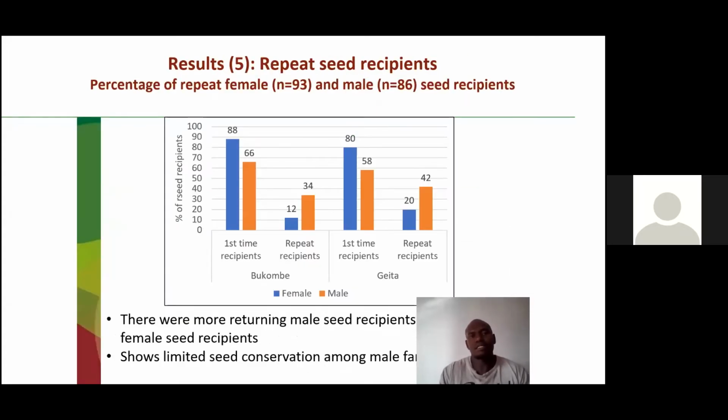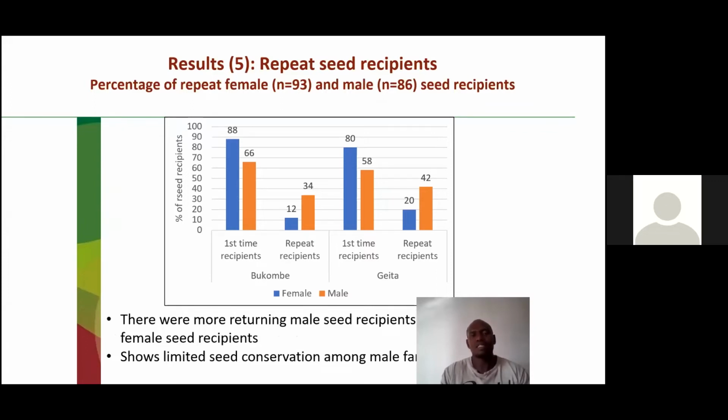We also asked the respondents in regard to repeat seed recipients. Here we mean that did the people with whom they shared seed, were they getting that seed for the first time, or were they coming back again?